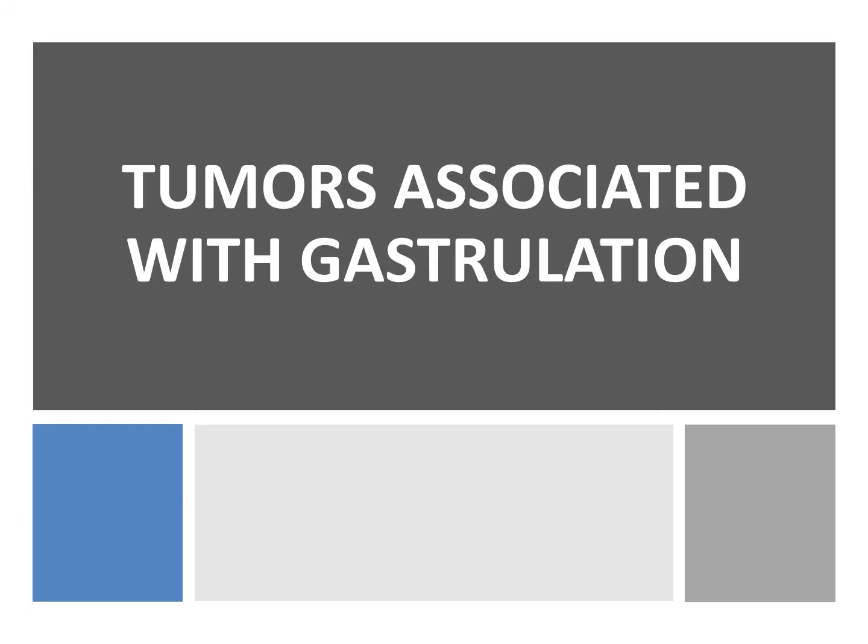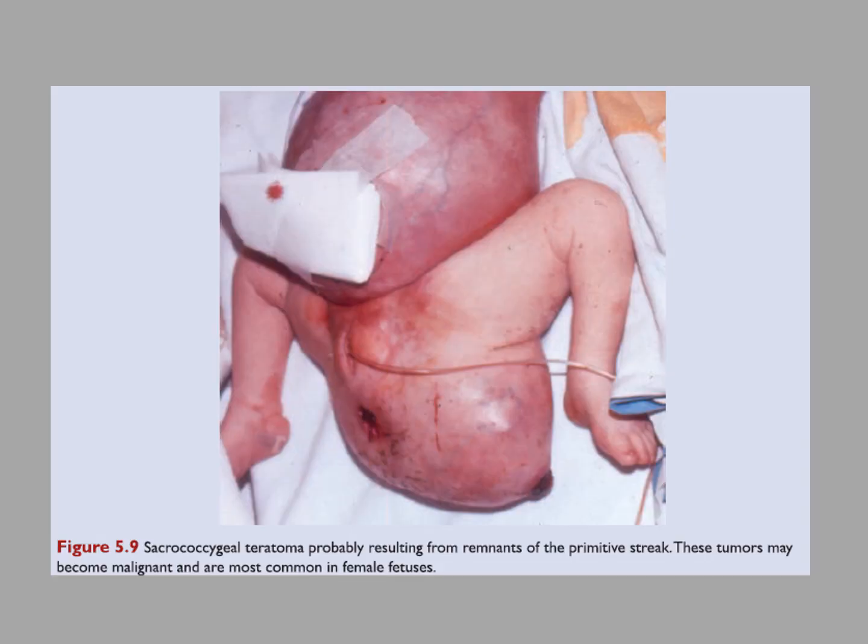So there are tumors associated with gastrulation. If remnants of the primitive streak persist in the sacrococcygeal region, this will result in a cluster of pluripotent cells that will proliferate or divide to form tumors known as sacrococcygeal teratoma.